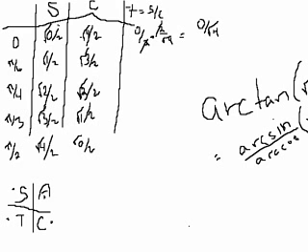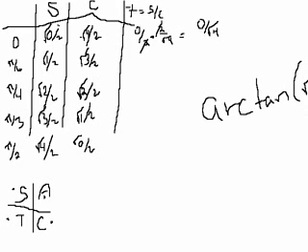Basically, to find arctangent, we're going to have to look at arcsine over cosine. What this means is that the tan of some angle is the square root of 3.